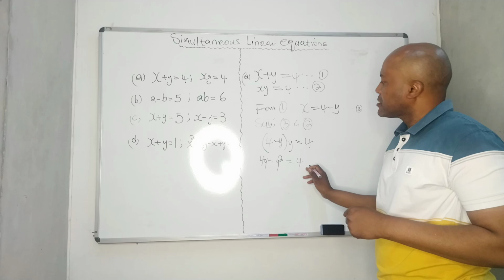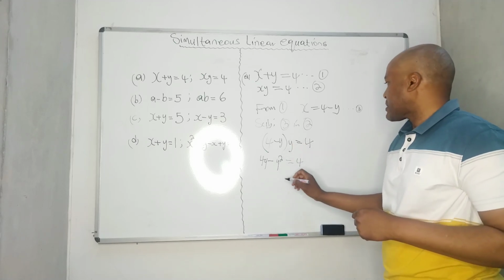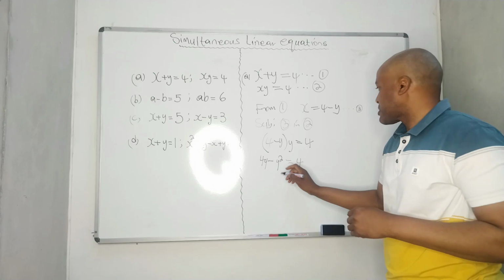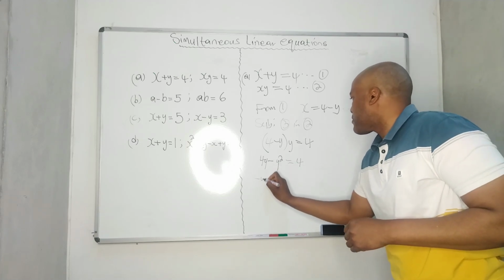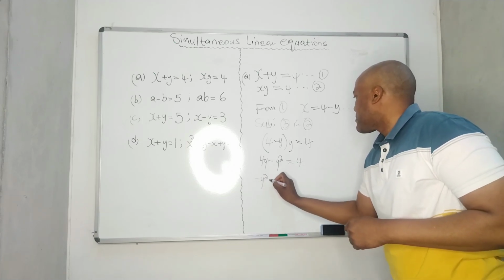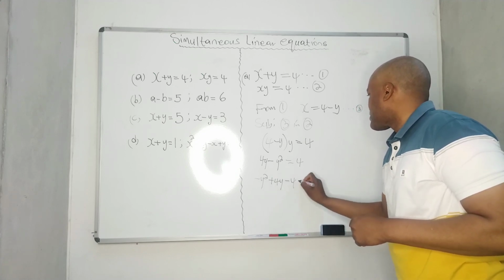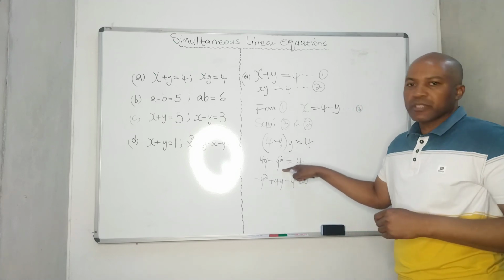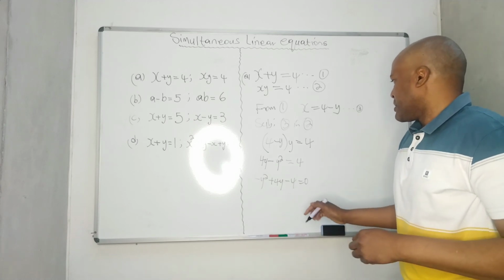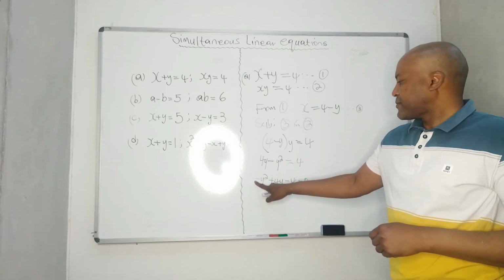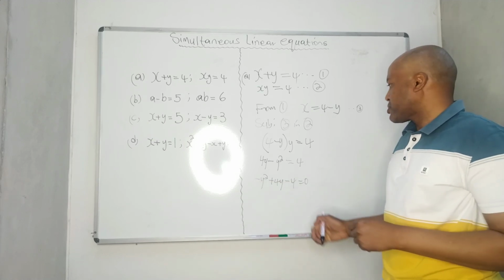Then you bring 4 to the other side. Then, since it looks like a quadratic, you can start by writing negative y squared plus 4y minus 4 equals to 0, since you took that 4 to the other side. Then here, you must get rid of this negative sign here. Then how are you going to do that?